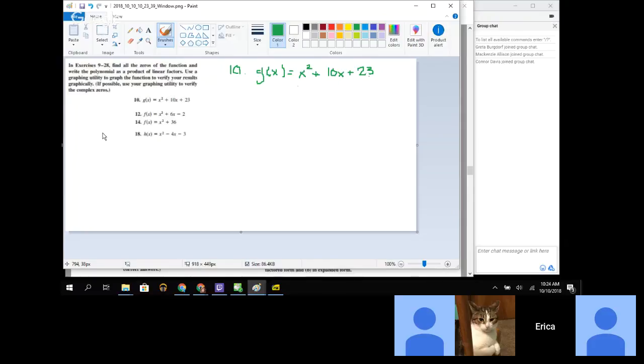Can anyone tell me a factor pair that could make 23 and 10? I can't.